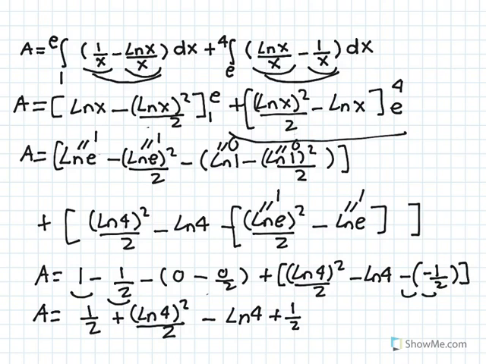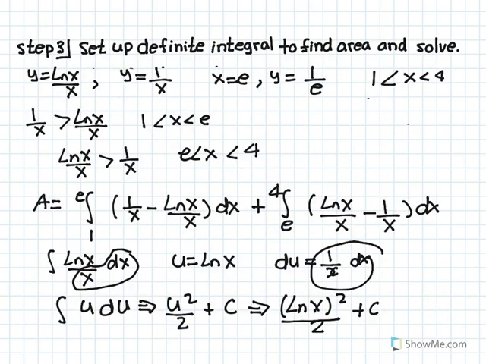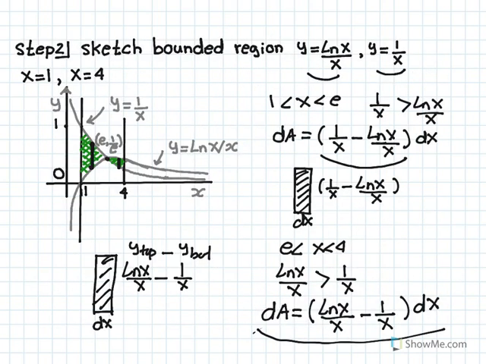So if we simplify this, we get 1/2 plus 1/2, that's 1, plus (log 4) squared divided by 2, and then minus log 4. If you put this into a calculator, it comes out to approximately 0.57. That represents the green shaded area that we have on this page right here. That's the shaded area using integration, setting up the two different regions and integrating it.